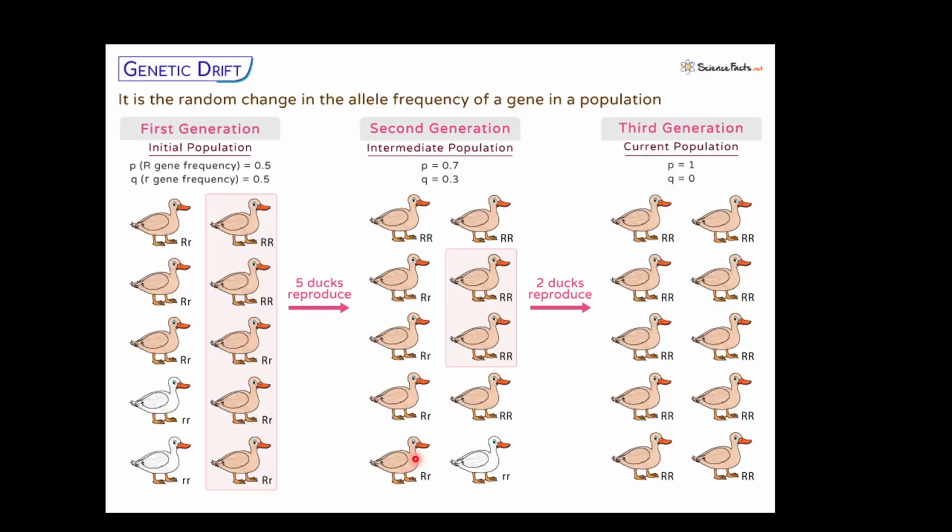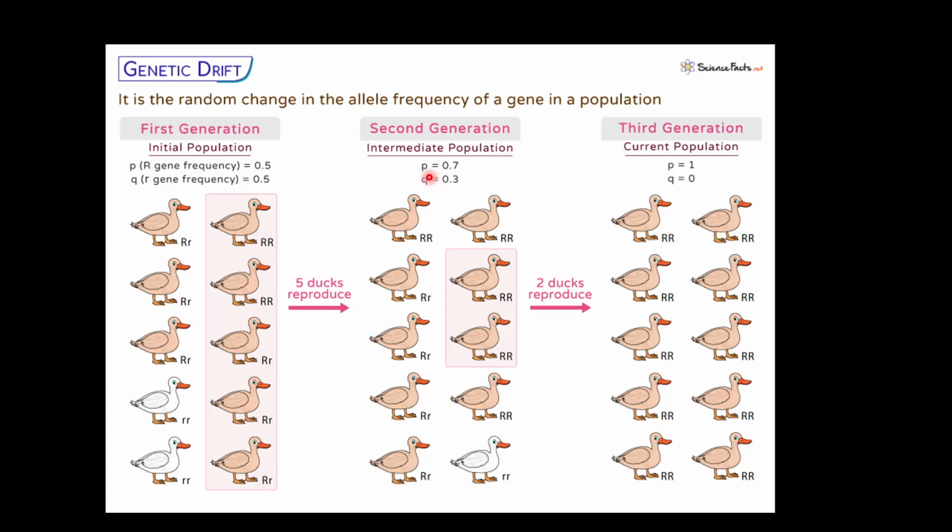Now, if we observe this picture, more red colored ducks and two white colored ducks are present in the first generation where gene frequency is 0.5, 0.5. But after moving from one place to another, genetic drift occurs due to natural calamities.